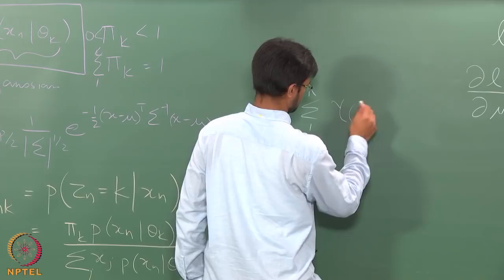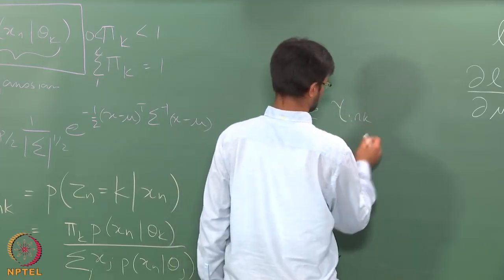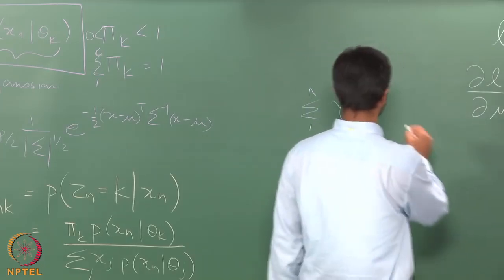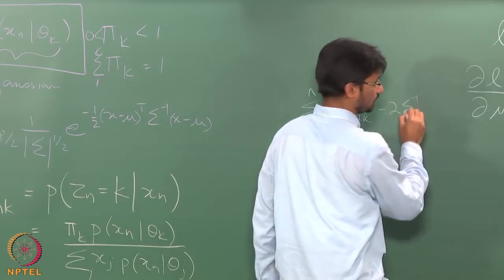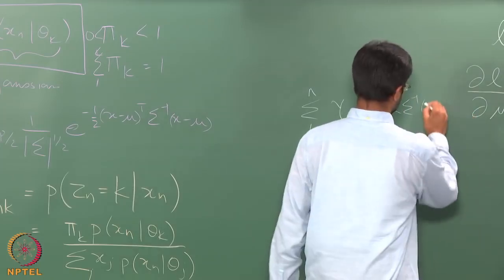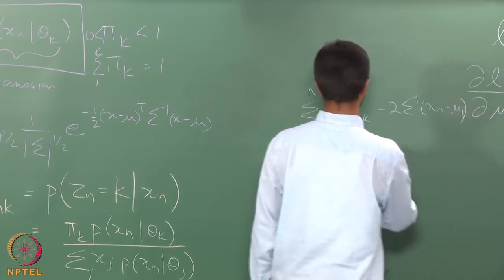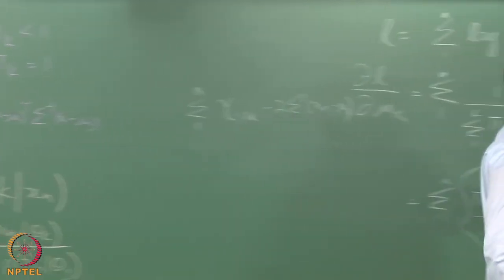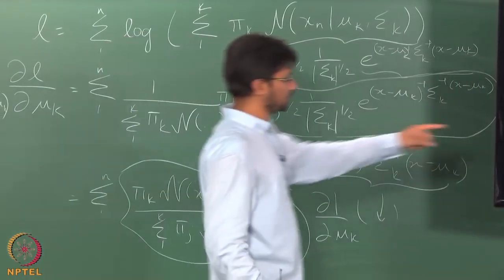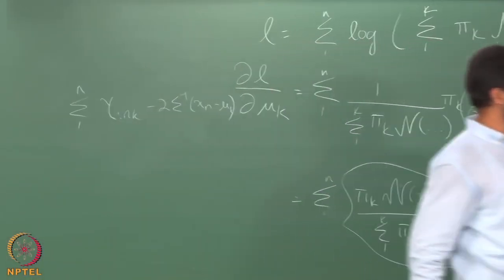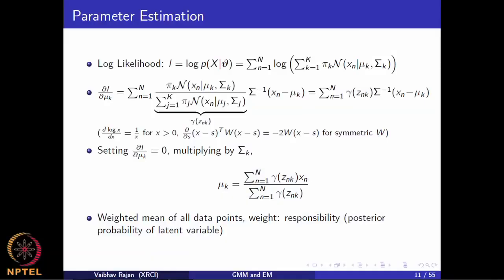So this gives us a sum over n of the responsibility times minus 2 times sigma inverse times (x minus mu k). This is dou L by dou mu k, and when you equate this to 0 you can multiply by sigma k on both sides, and finally it turns out that you will get a very nice form: mu k equal to the sum over n of gamma nk times xn, divided by the sum of gamma nk.